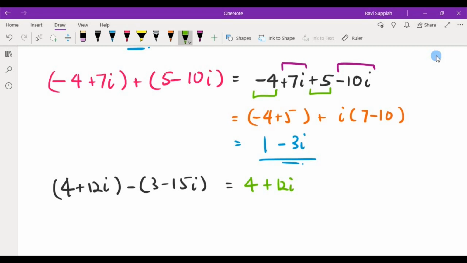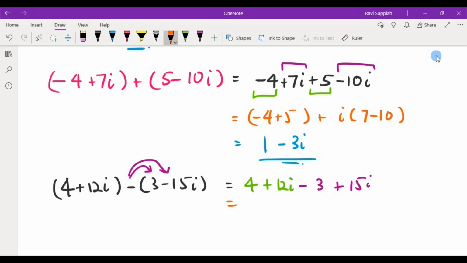For the second bracket, negative times positive will give me a negative 3, and negative times a negative would give me a positive 15i. As you can see, now the signs have changed. That is why it's very important to open up all the brackets first, before you group up the real numbers and the imaginary numbers.